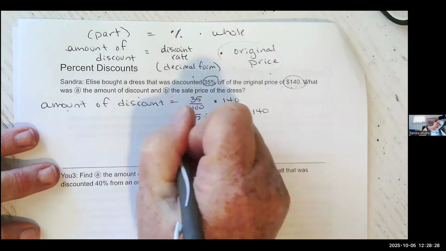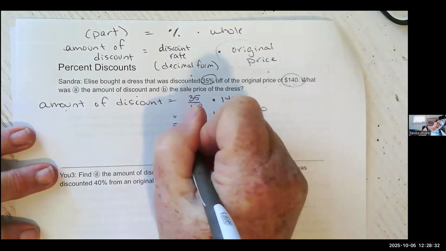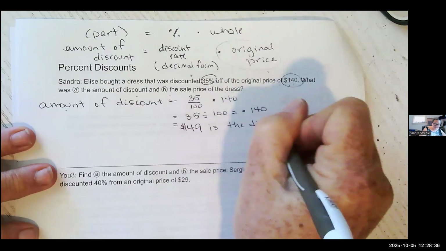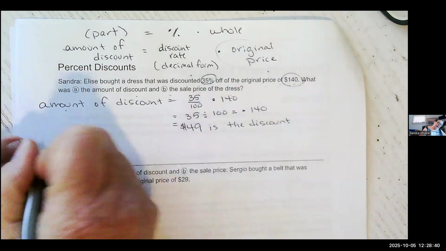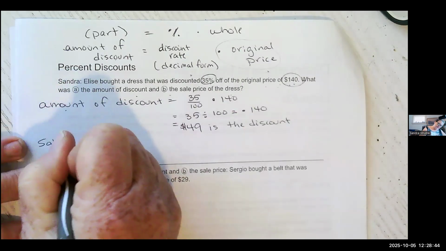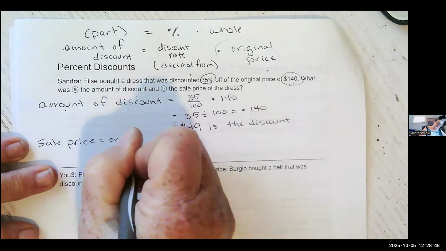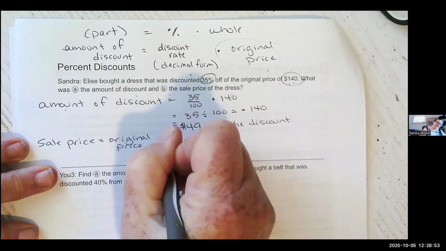So it's $49. That is the amount of the discount. Don't forget your dollar sign. Now we want to know what the sale price of the dress is. The sale price of the dress is equal to the original price minus the discount.